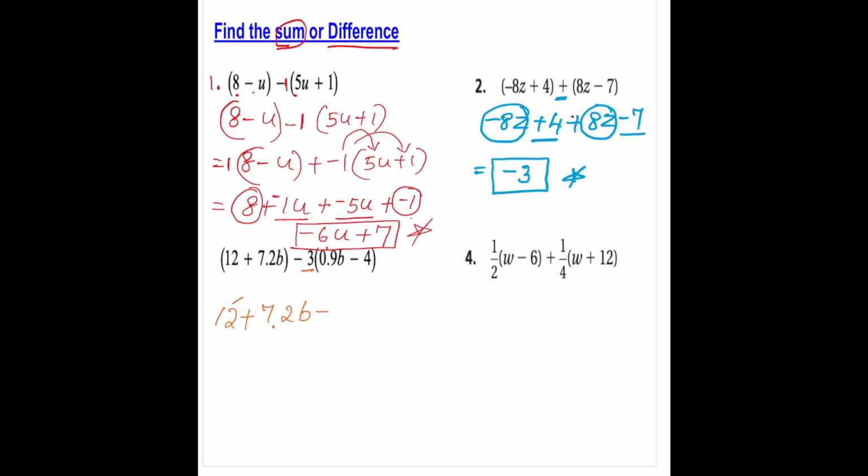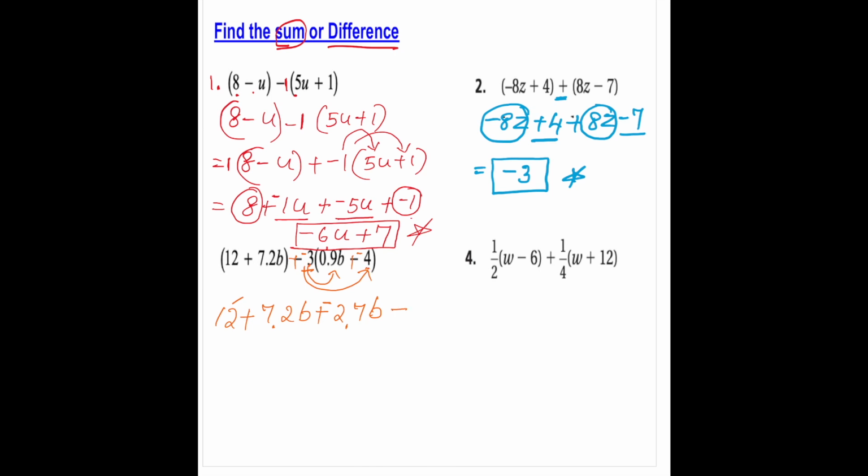Minus means plus negative, so please consider that as plus negative and do the distributive property. So negative 3 times 9/10 will be 2 and 7/10 of b, that is plus negative 2 and 7/10 of b.